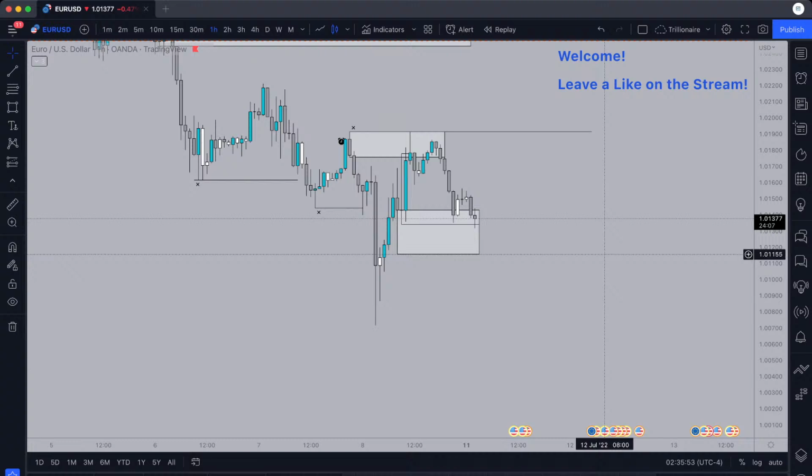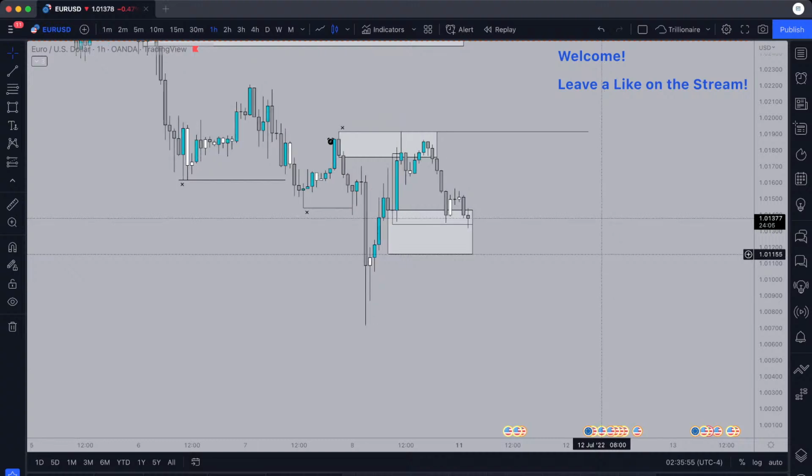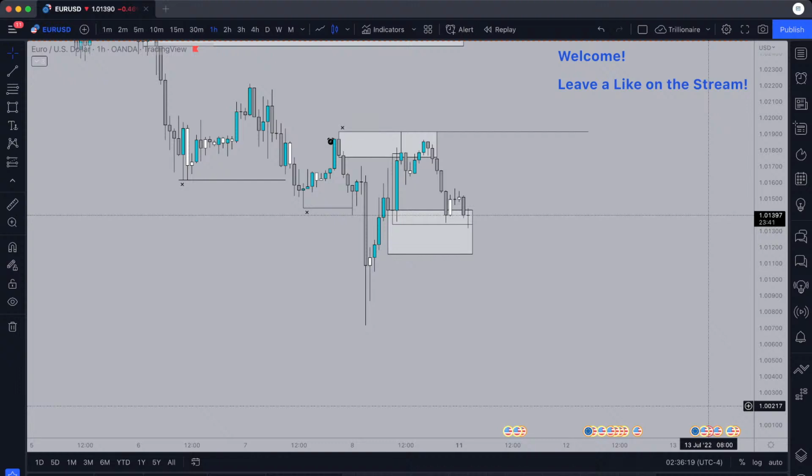So there's no telling if we're going to get any momentum during this London session. It is Monday. We do have some news events today, but they're pretty much just medium impact and low. We do have high impact news on the 13th, so on Wednesday.